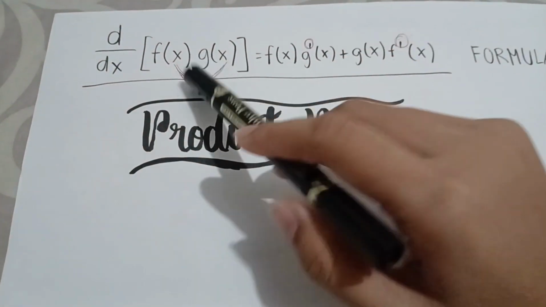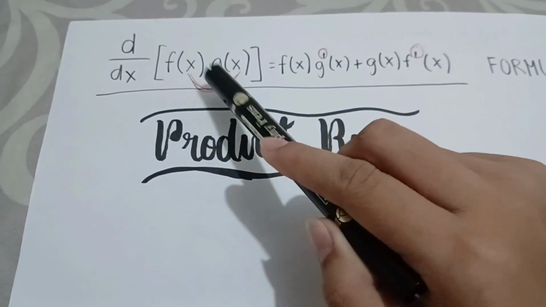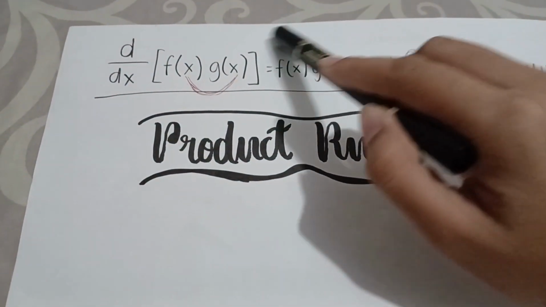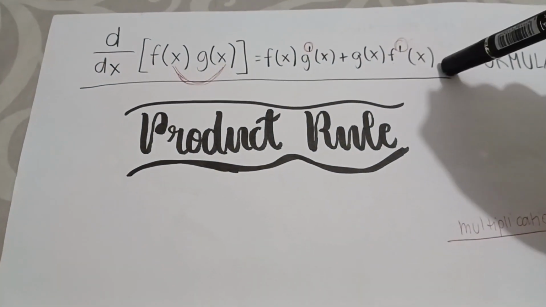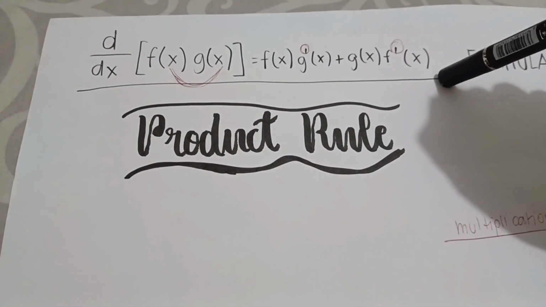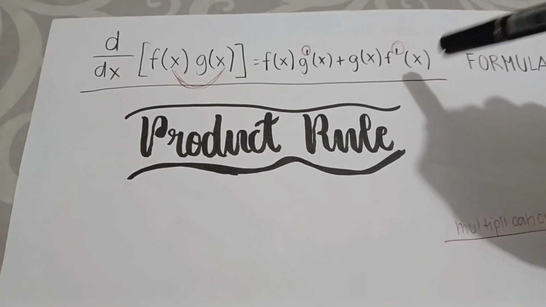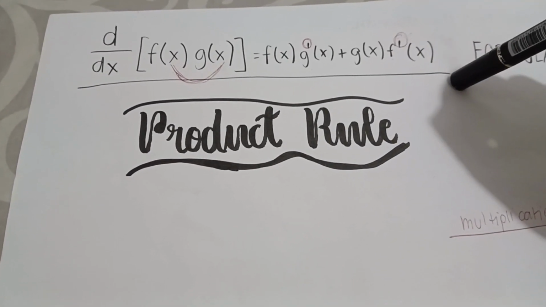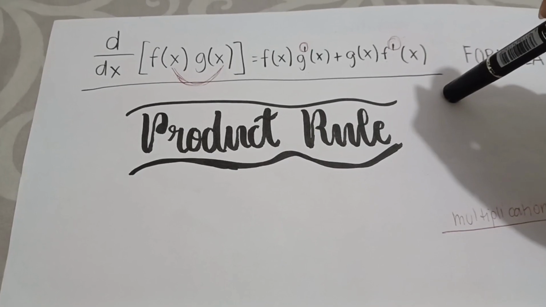So if we can get the values of f of x and g of x, we will use this formula. Before we proceed in using this formula, we need to get the first derivative of f of x and g of x. So let's have an example.